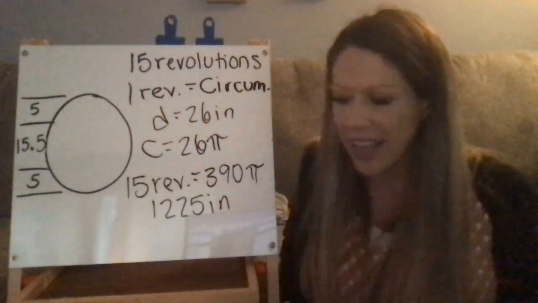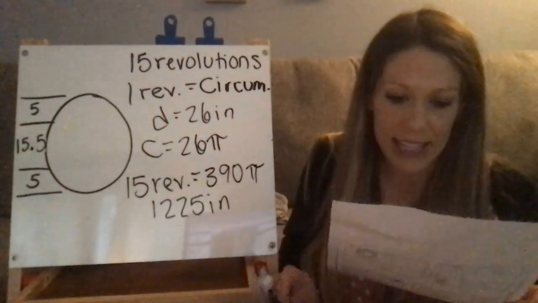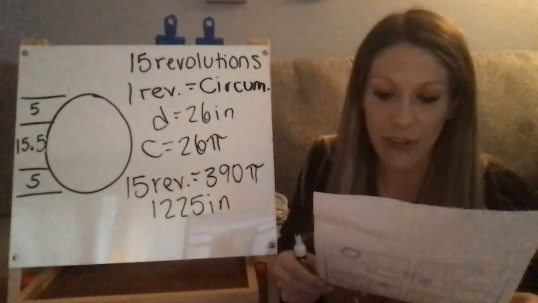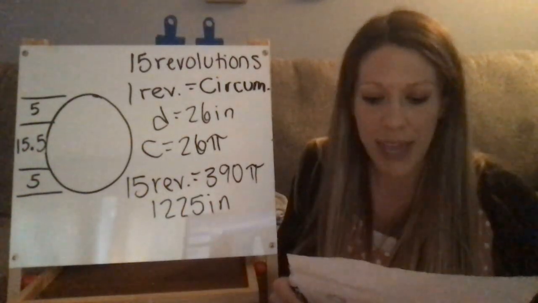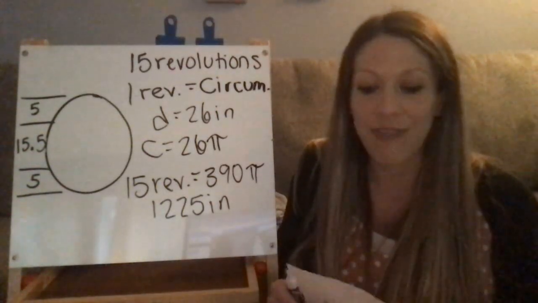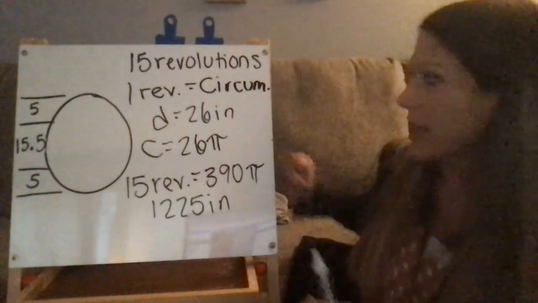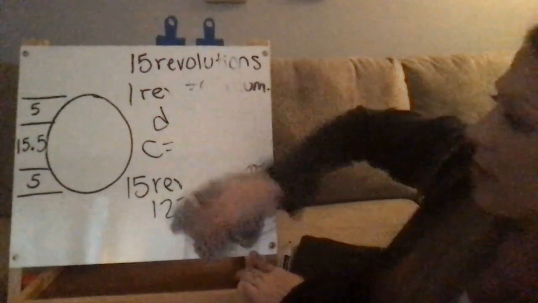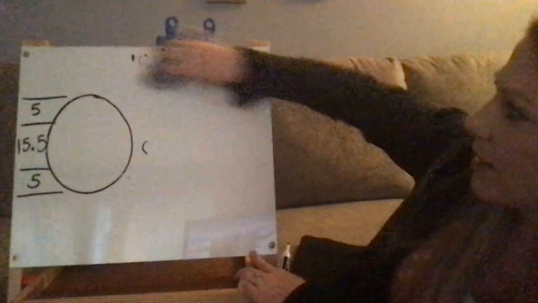And then the second example, very similar question. It says that your car has a diameter of 28 inches. How many revolutions does it make if it goes 500 feet? All right, so changing the game a little bit here. Now the diameter is 28 inches.